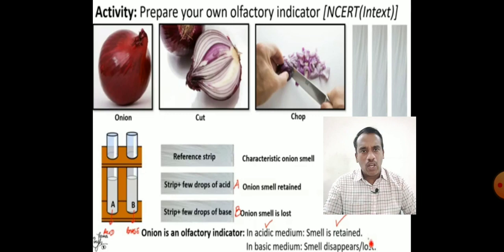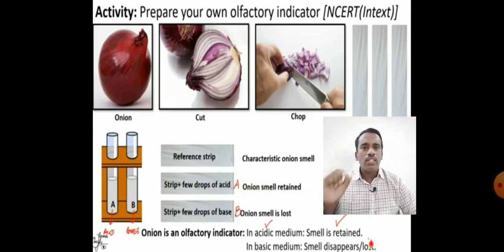On another cloth strip, we are going to add a few drops of acid. What are we going to add? A few drops of acid. On another cloth piece, we are going to add a few drops of base. I have taken 2 test tubes here. In test tube A, I have taken some compound that is an acidic compound.